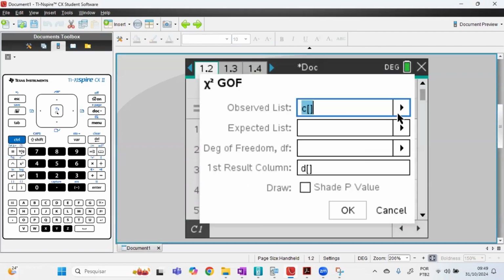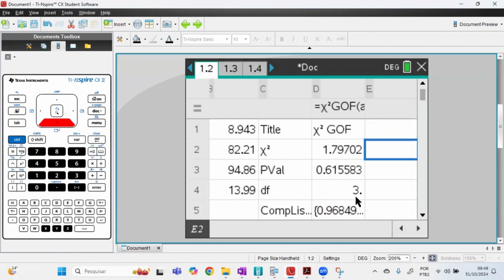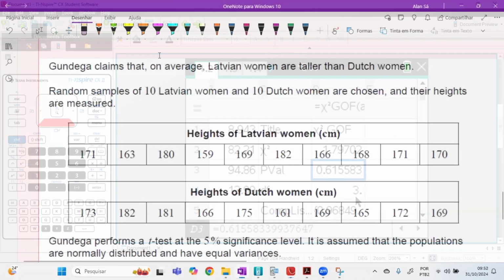The observed list is list A, so we write A in square brackets. Expected in B, degrees of freedom 3. And this is the list where the results are going to be displayed. I'm going to select C. When we do this, we have the values: the chi-squared statistic and the p-value.